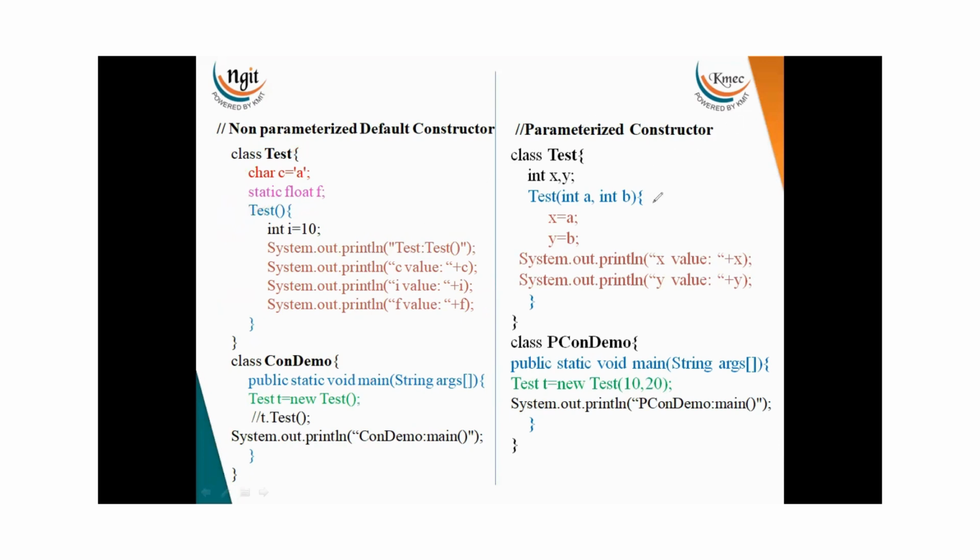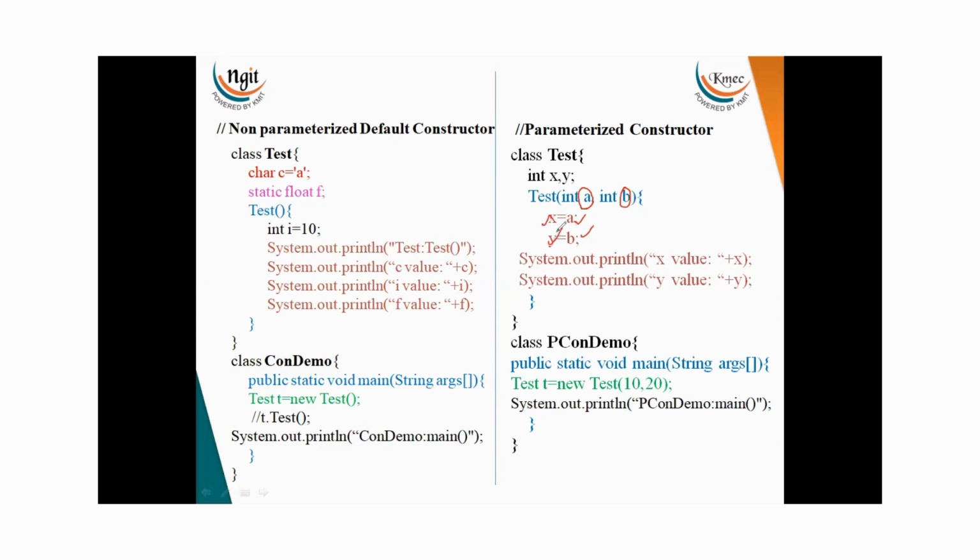Coming to the parameterized constructor, a constructor with parameters is called a parameterized constructor. If we have instance variables, to initialize them we use the parameterized constructor. Now, what I'm doing here is initializing x equal to a, y equal to b. In the sense that whatever values are passed to a and b, those values are assigned to x and y, right?